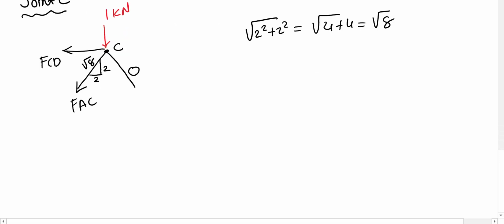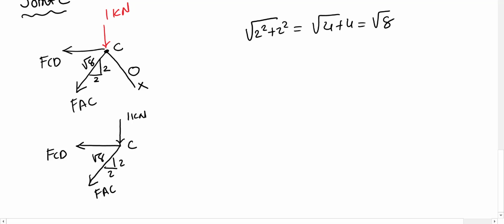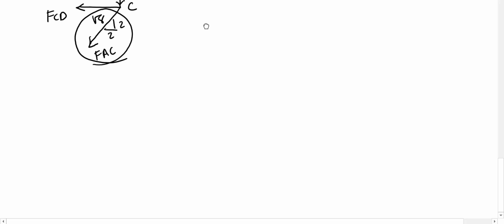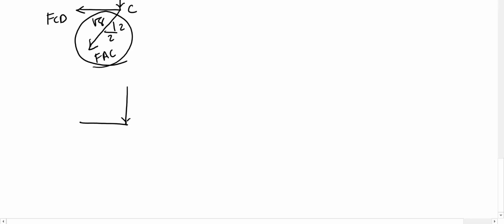Now in this case we can redraw it without this zero member. So we have this force FCD, we have 1 kilonewton at point C, and I just remove this zero force member, and FAC along the diagonal. Now let me redraw this again by changing this diagonal to its vertical and horizontal components. That will make it easy. 1 kilonewton, FCD, and because of this we have the vertical component FAC times 2 on square root 8.